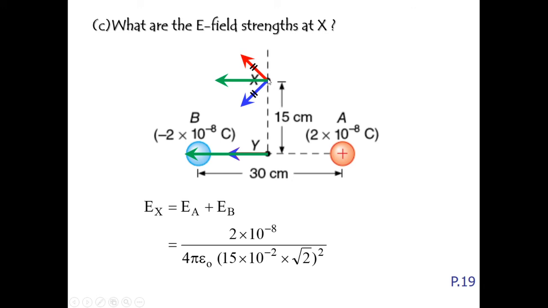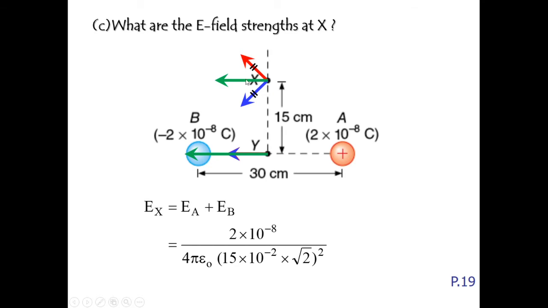But we all know that the resultant field is only contributed by the horizontal component of this field. So we have to find out the horizontal component of this electric field. What is the angle of the vector to the horizontal? Because this triangle is an isosceles right angle triangle, this angle should be equal to 45 degrees.